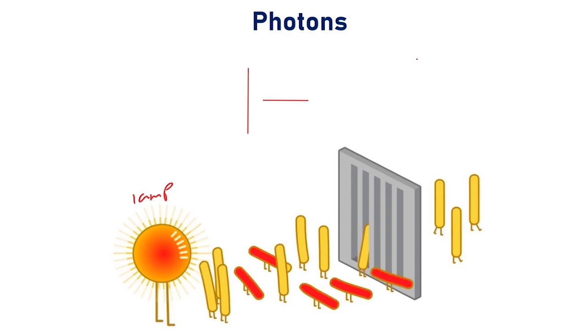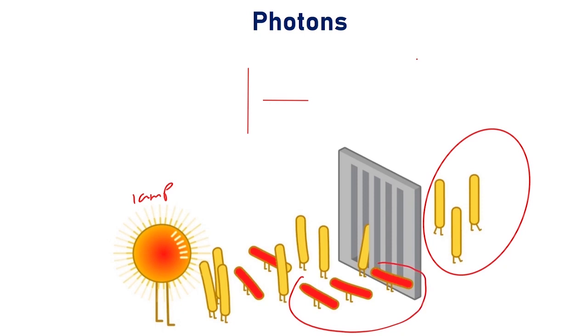Now, a polarizer is basically just a filter with a bunch of slits in it, and it will allow only the photons with the same shape and size to pass through, which is why these lucky dudes right here are able to pass through, whilst these sad guys here are stuck outside. So that's pretty much how polarizers work.